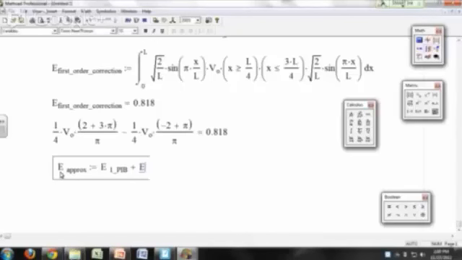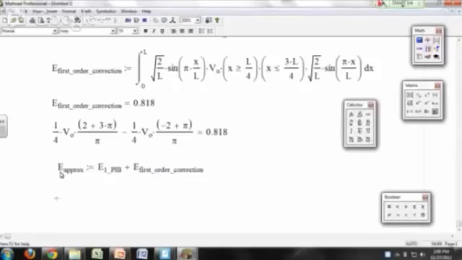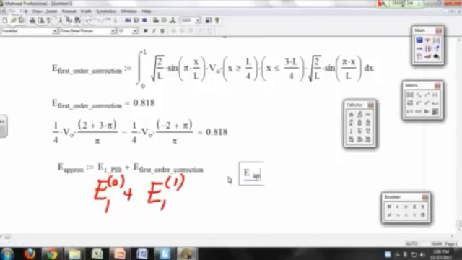So this is my E1 zero order value plus the E1 first order correction term. What would that be equal to? E approximate equals 5.753. And what was our original E? E1 for the particle in a box is 4.935.